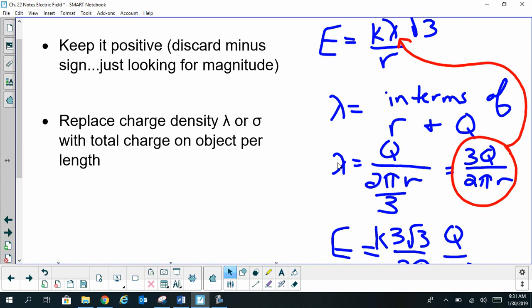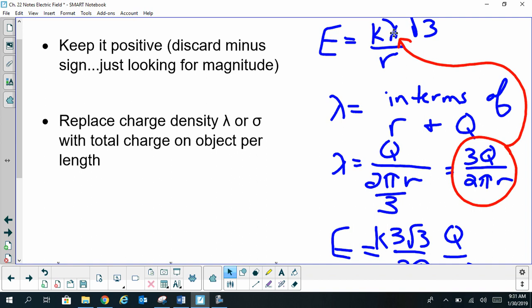So our charge density is going to be our charge per length, right? Our arc length in this case is 2 pi r divided by 3, because it's a third of the arc length. You with me? Okay, and so then I just rearrange that. I flip that 3 up onto the top, and I'm going to substitute it back in for lambda.